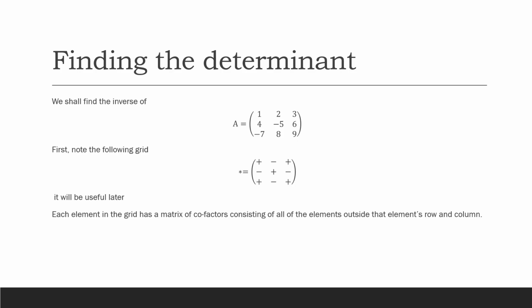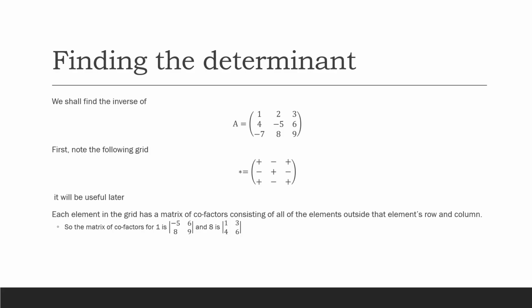That statement is really quite difficult to understand. Each element in the grid has a matrix of cofactors consisting of all the elements outside that element's row and column. And you'll see this as I solve the problem. So if we look at the 1 in the top left-hand corner of A, what's not in that element's row? That element's row is 1, 2, and 3, and that element's column is 1, 4, and 7.